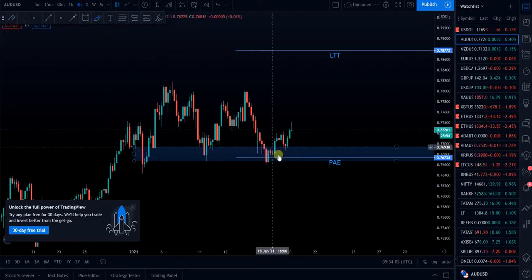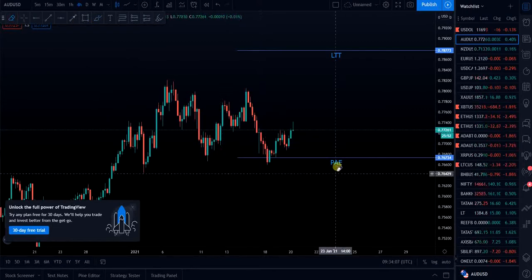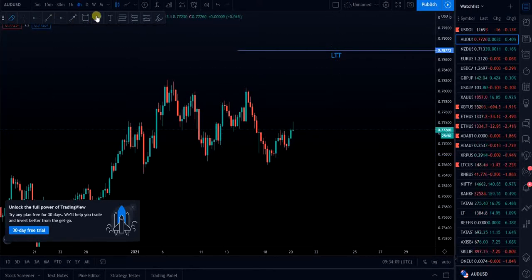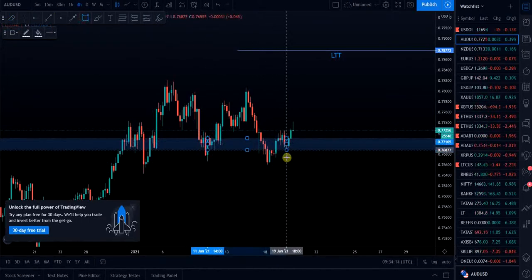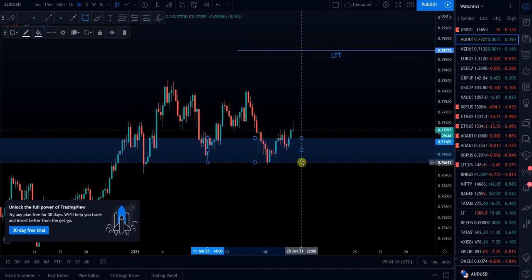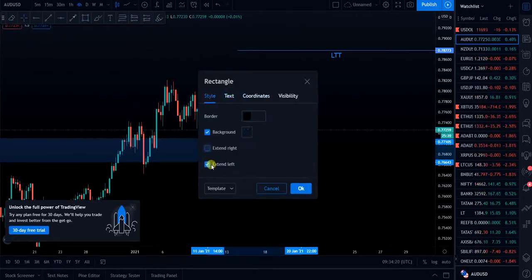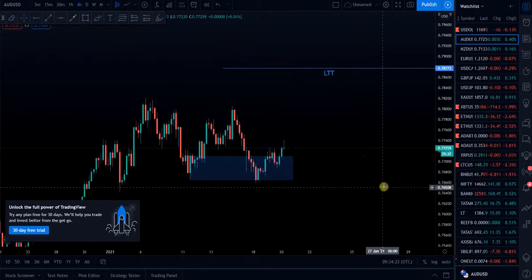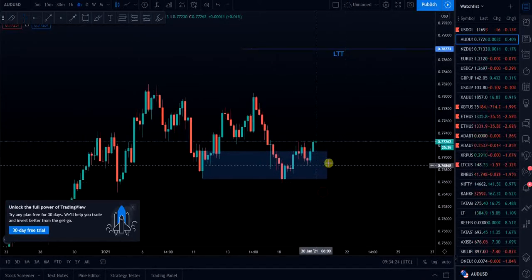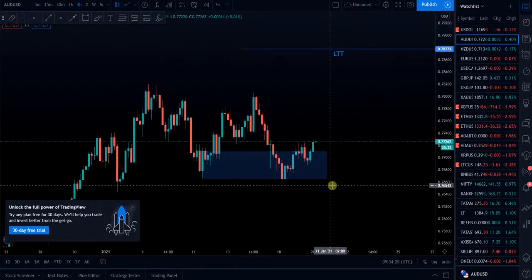Now just delete your possible area to enter, find out the area where you are looking for the longs, that is your supply demand zone. Just double click on this. This is the area where we should enter for the longs.